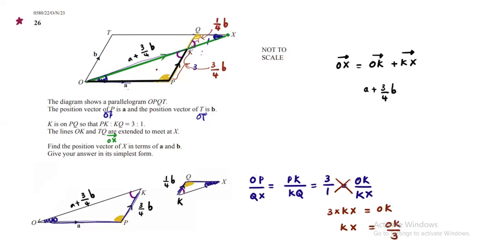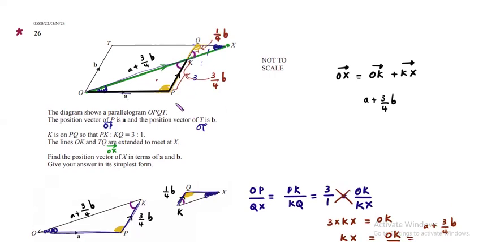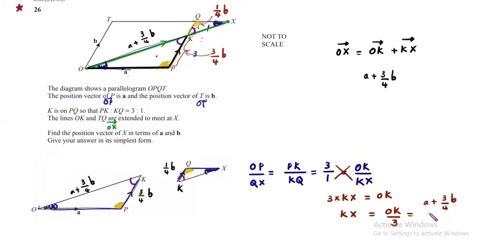O to K's vector is already known to us as A plus 3 quarter B, because we found what OK is previously. This should be divided by 3, which means 1A also has to be divided by 3. 3 quarter also should be divided by 3.